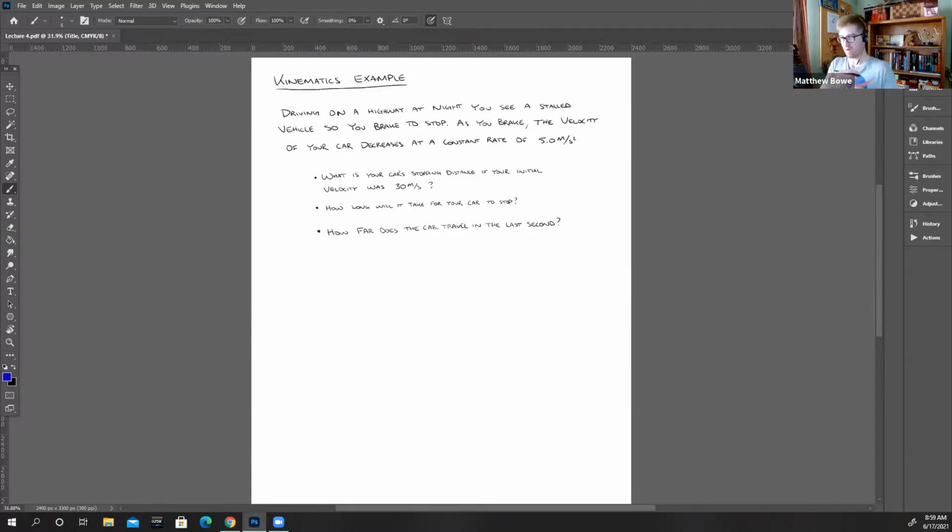How much distance will you cover from right when you push on the brakes to right when you stop? The second question is, how long will it take for your car to stop? And the third question is, how far does the car travel in the last second? I was thinking of not having that third question in this example, but we'll see how it goes when we get there.